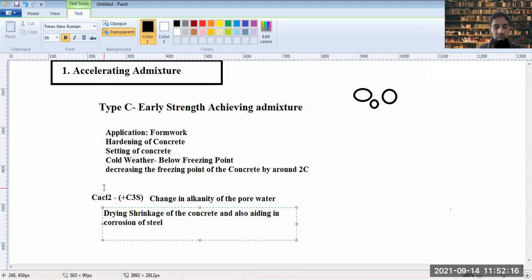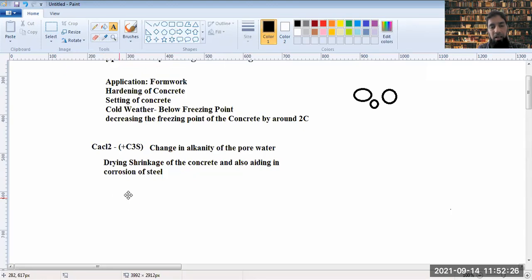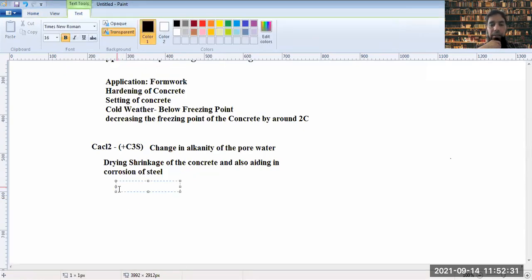So it has a positive effect that it's changing the alkalinity of the pore water, thereby when combining with C3S, it's aiding in early strength development. But at the same time it's also leading to drying shrinkage, because of which shrinkage cracks occur. And it's also aiding in the corrosion of steel.